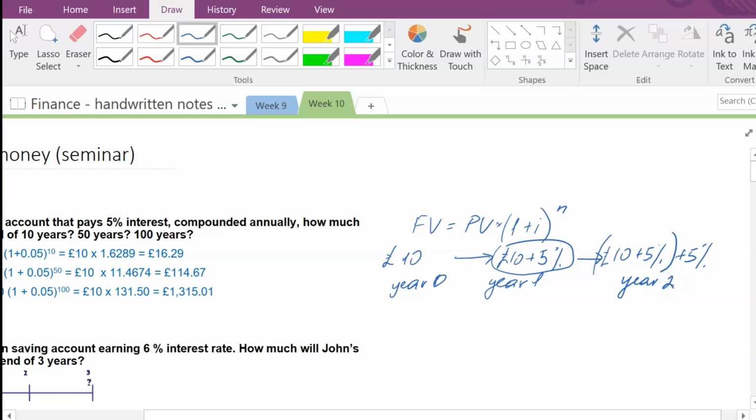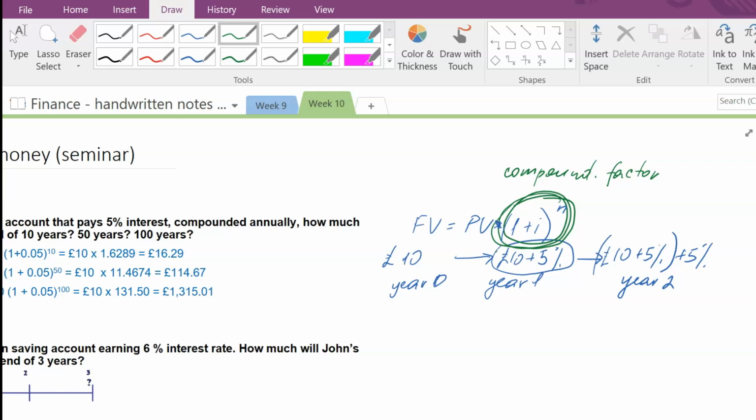And if we simplify this formula, we will get the present value, our initial invested sum, £10, multiplied by our compound factor. This is what we call the compounding factor, or future value factor. Why is it important? Because we might be able to find the value of this factor in a table. You don't necessarily need to calculate this each time because there are pre-calculated numbers readily available for you, and I'll show you the table and how to use them.